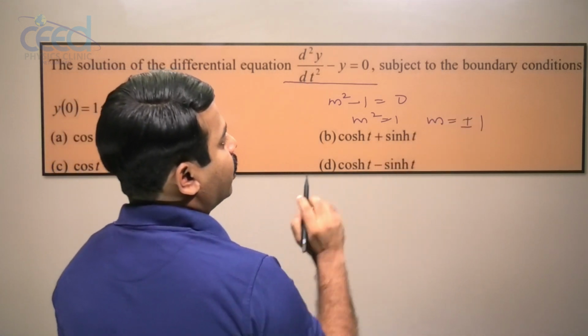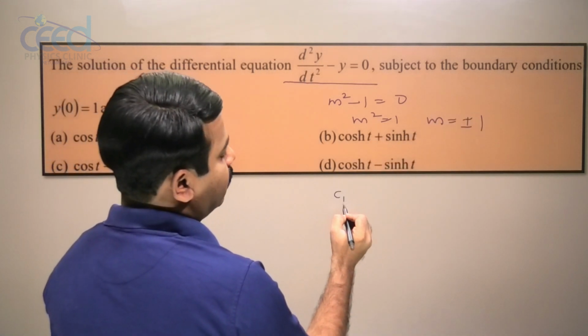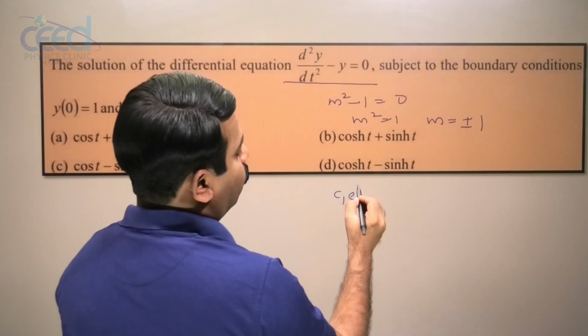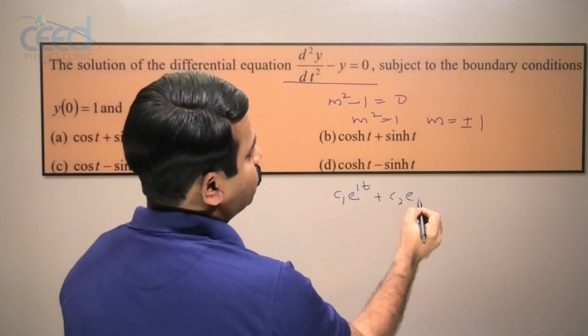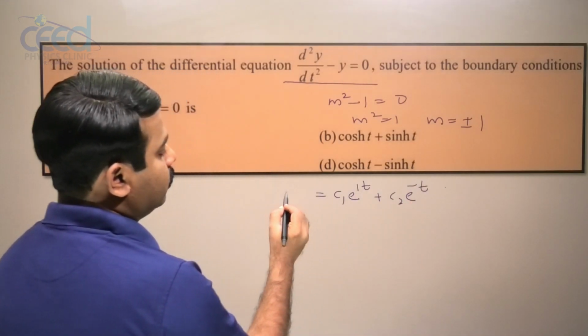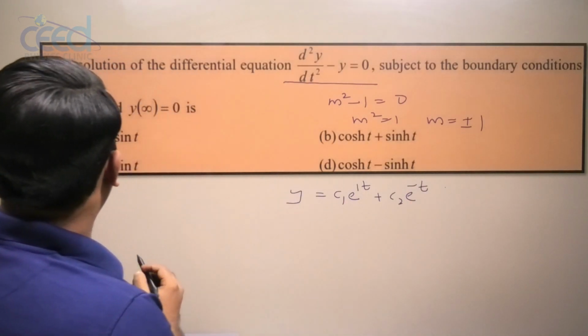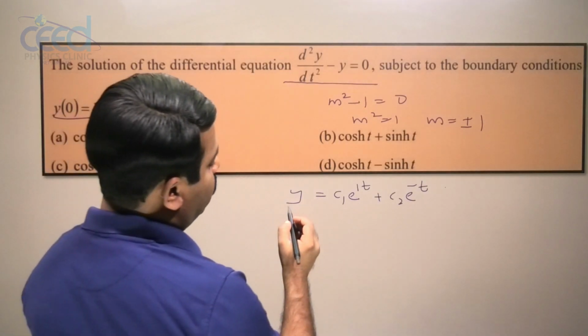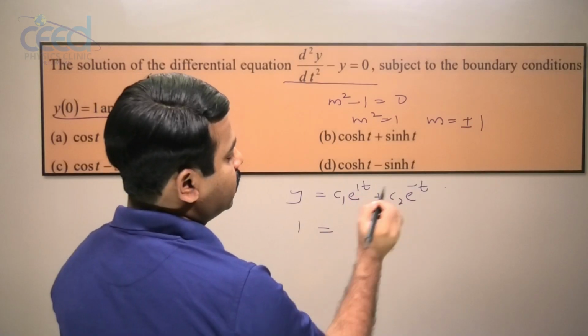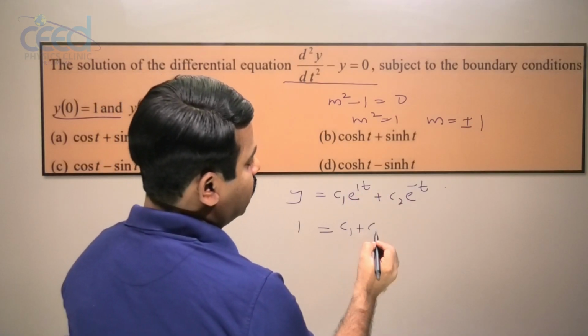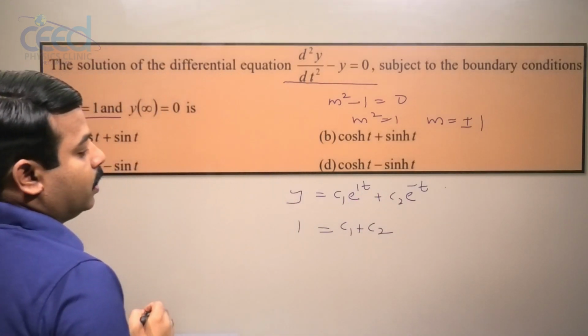If roots are different, then what we have to write is c1 e raised to t plus c2 e raised to minus t, right? So this is the solution. Now two conditions are given. y of 0 is 1 means 1 is equal to, put t 0, c1 plus c2 is equal to 1.